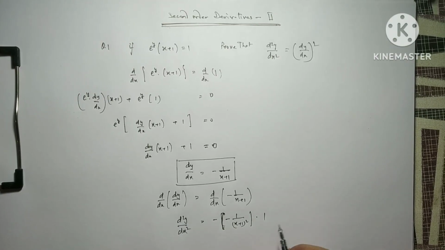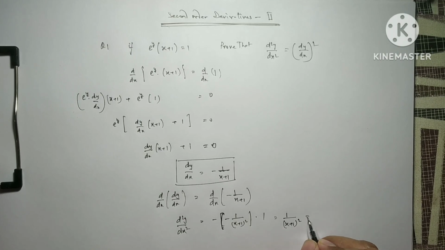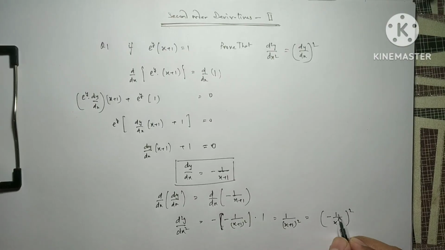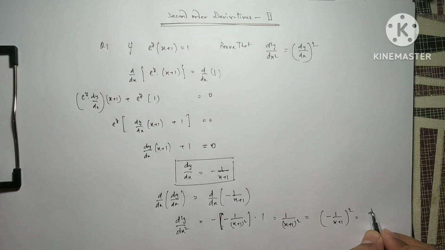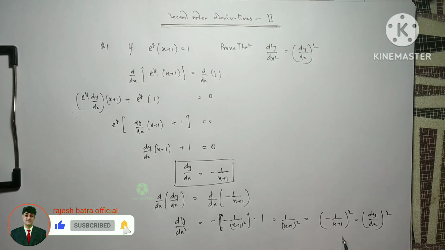So this is positive 1 over (x plus 1) whole square, and this is equivalent to (dy over dx) whole square. So hence proved.